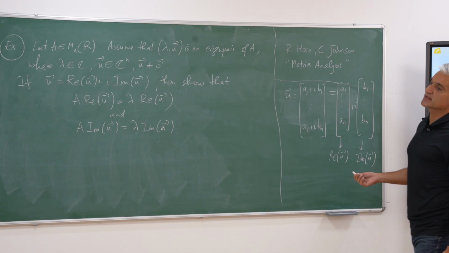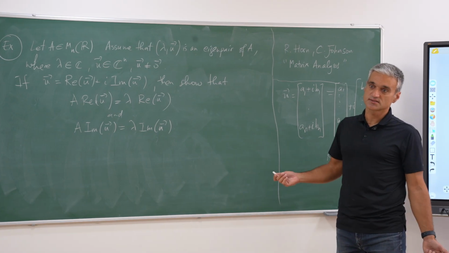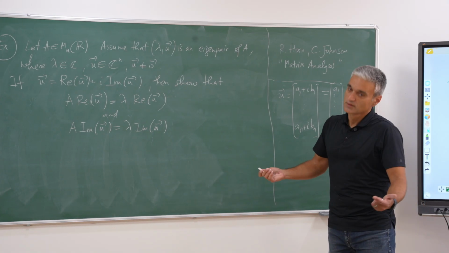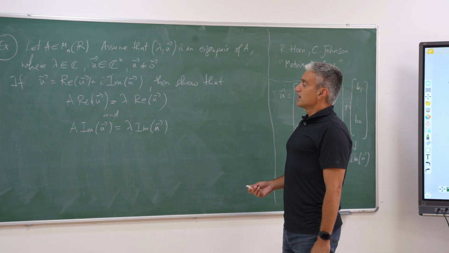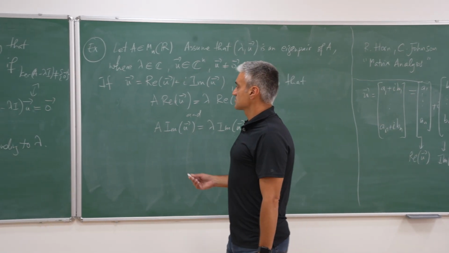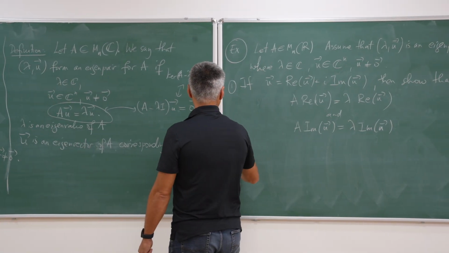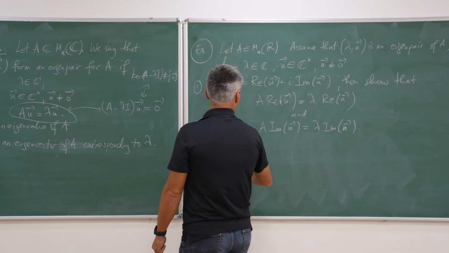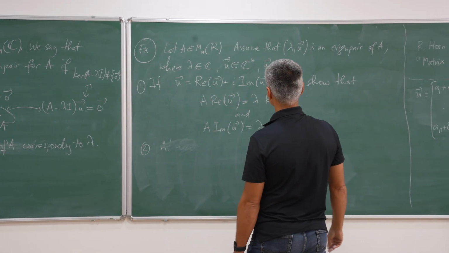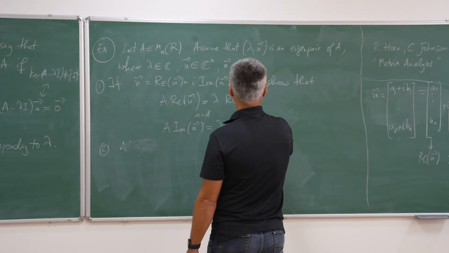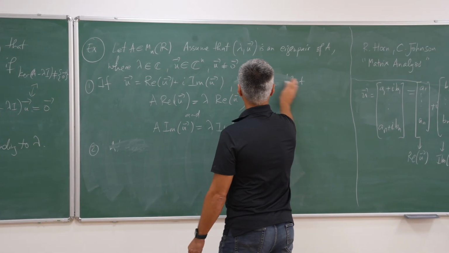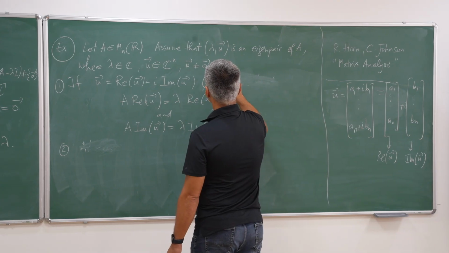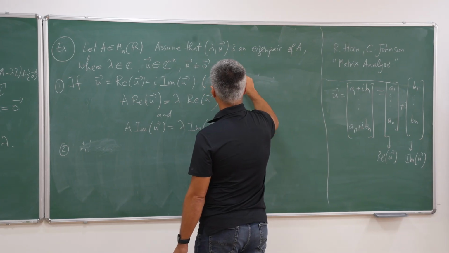Okay? So this is an exercise, so I'm not going to solve it because exercises are meant to be solved by who? By students. So this is the first part. And second part, let me just add here: the real part of u and the imaginary part of u.